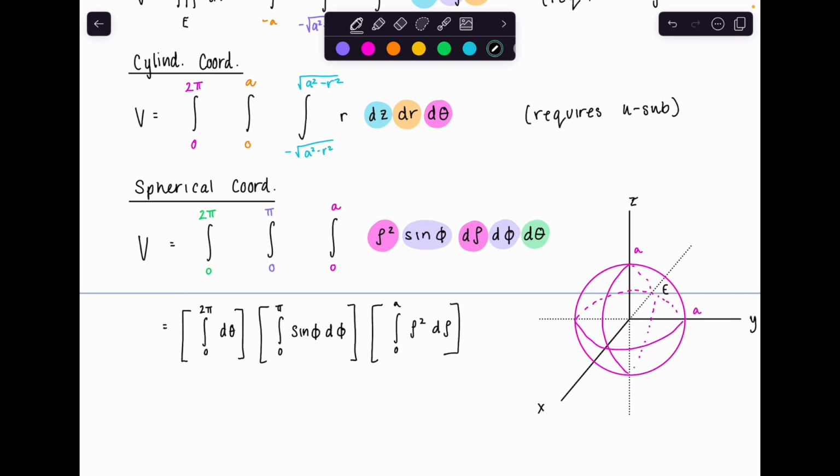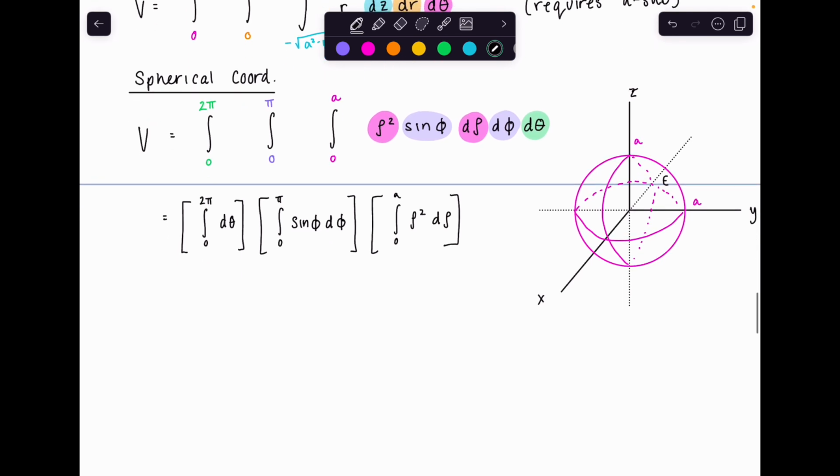And these 3 integrals are all very nice. They're just either power rule or a basic trig function. And this first one's even better because the antiderivative is just theta. And again, you remember, hopefully this just turns into 2 pi. So this front piece, that integral is 2 pi.